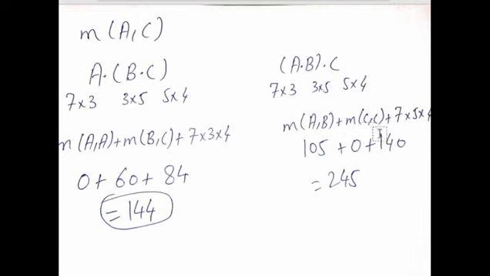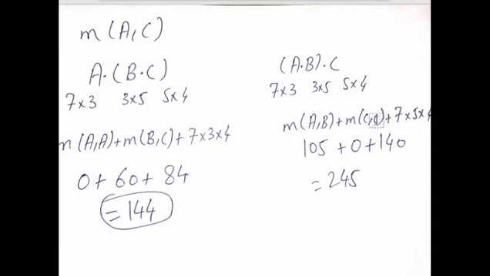Now as you can see, A B is a whole multiplication, so we'll just take their corners. 7 into 5, and the 5 and 5 are the same, so 7 into 5 into 4. We have already multiplied the matrices A and B, the answer was 105, and the self multiplication of the matrix C gives us 0.